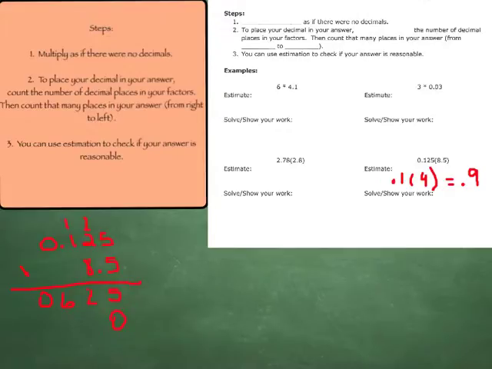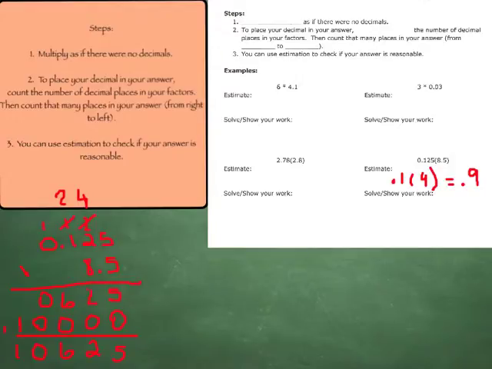Put my 0 to hold the place value. 8 times 5 is 40. 0, carry the 4. 8 times 2 is 16, plus 4 is 20. 8 times 1 is 8, plus 2 is 10. 8 times 0 is 0, plus 1 is 1. Now I add 5, 2, 6, 0, 1.